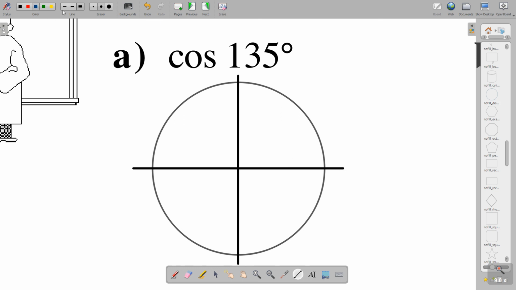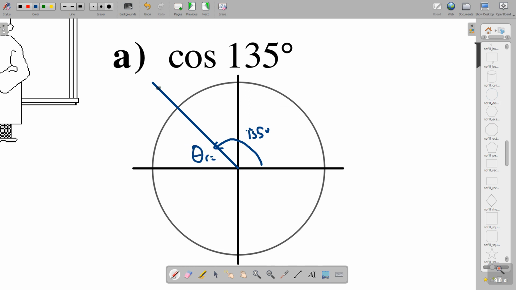Now, rotation arm, 135. Whoops, I'm in straight line mode. Rotation arm, 135. There it is. 135 degrees. Voila. The terminus is right there. It found it for me. Anyways, this referent angle is what it's all about.